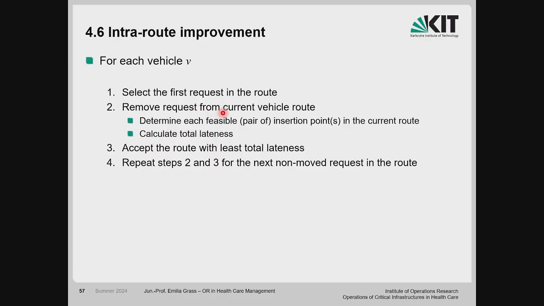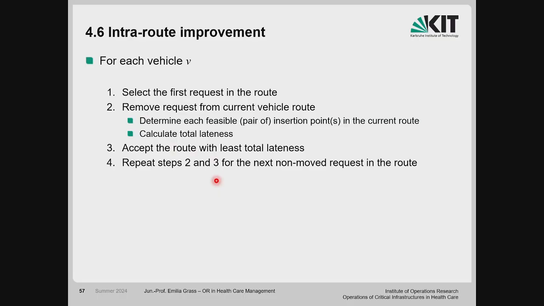And for each new position, also identify every possible pair of points where the request could be inserted. Again, determine the total lateness, delay, whatever is most important for the hospital, for instance, and then repeat steps 2 and 3, so move on to the next request in the route.